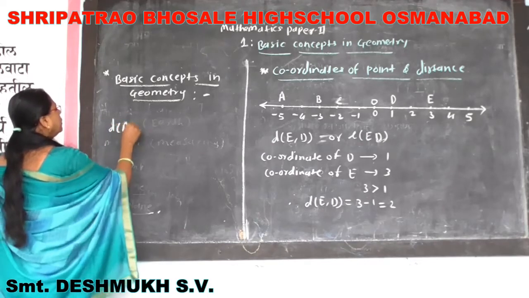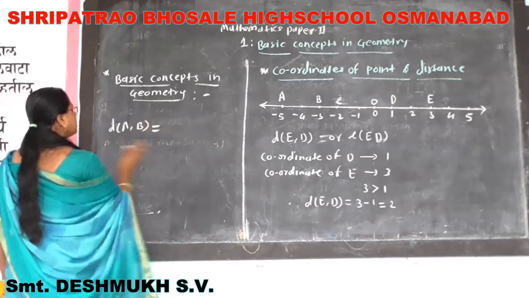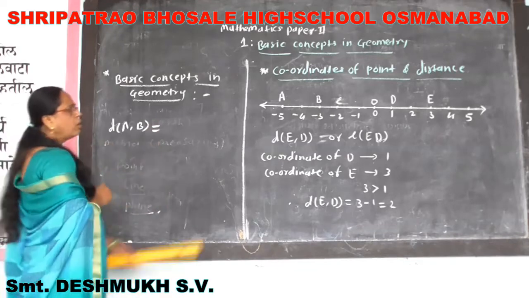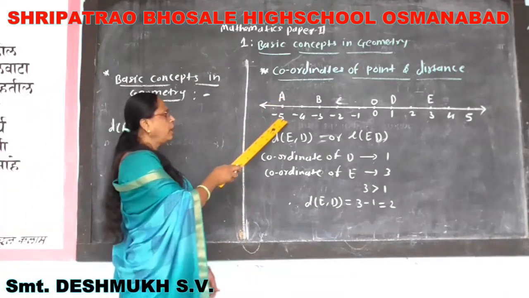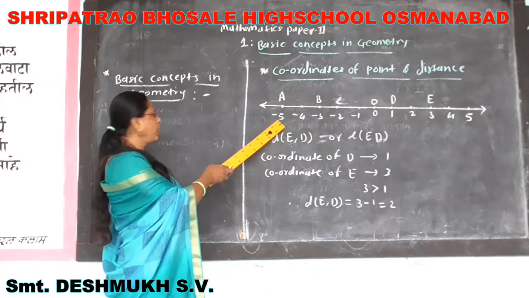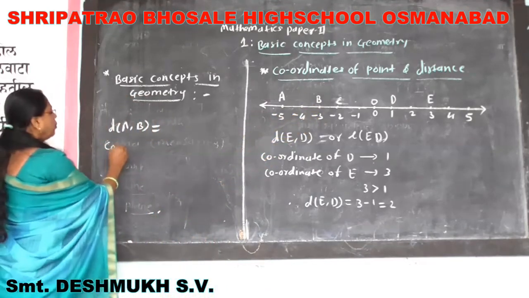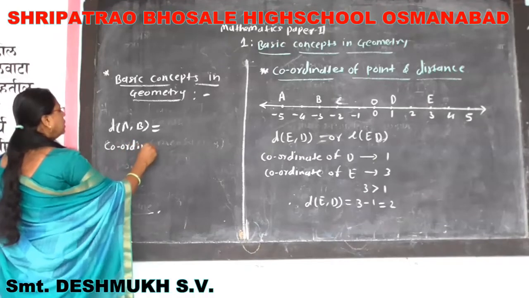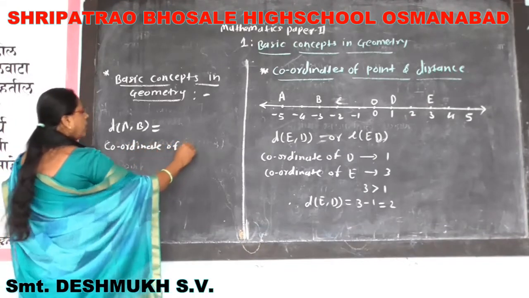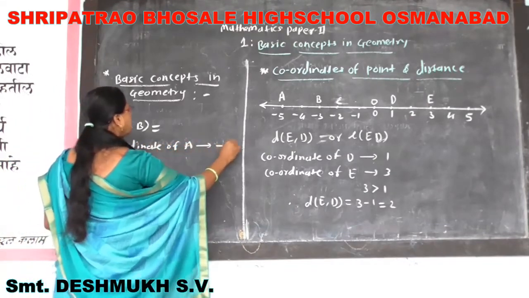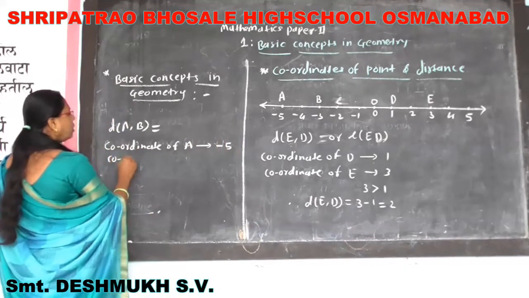Similarly, next we find length AB, or distance AB. On the number line, the coordinate of A is -5 and the coordinate of B is -3.